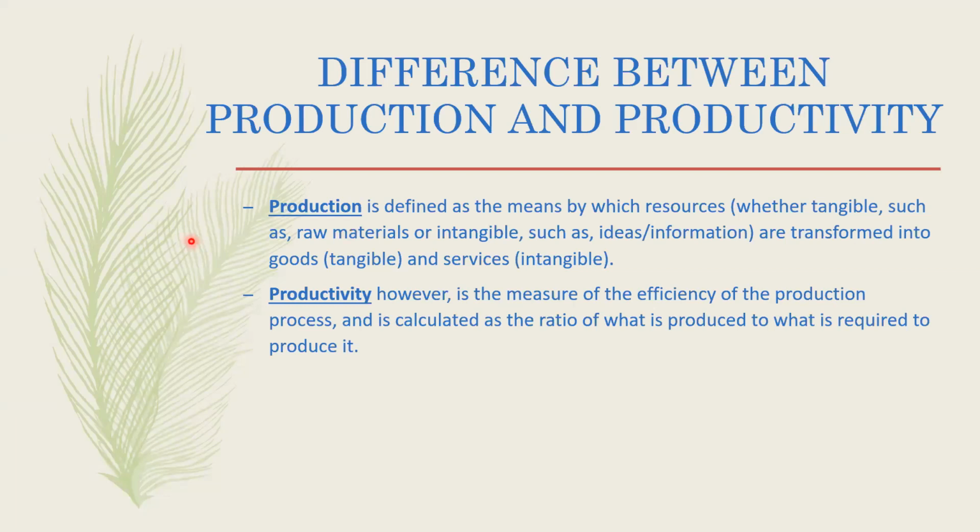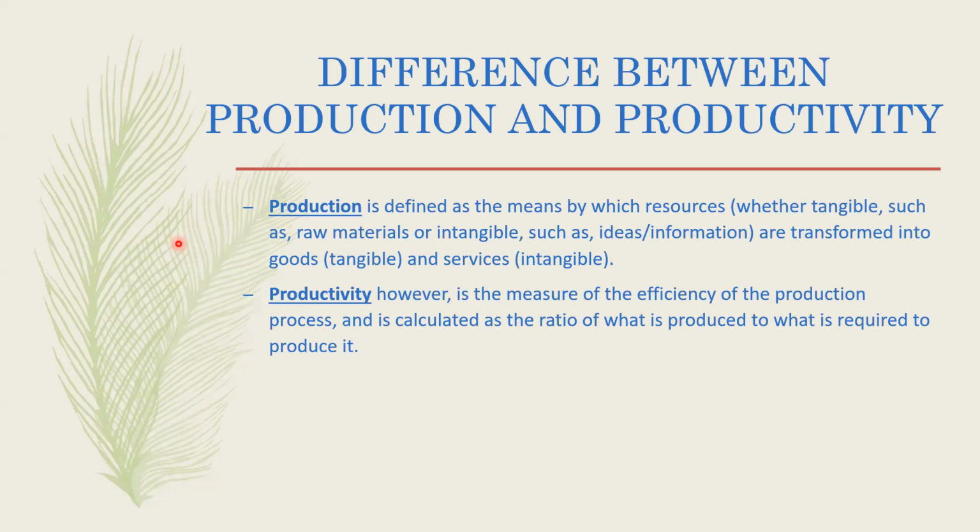So we have production, which is defined as a means by which resources, whether tangible, such as raw materials, or intangible, such as ideas and information, are transformed into goods and services. So you're extracting your raw materials to create goods and services.